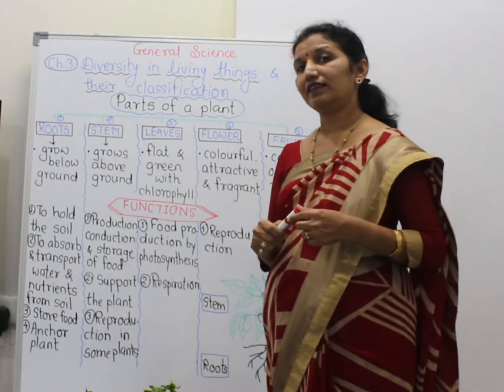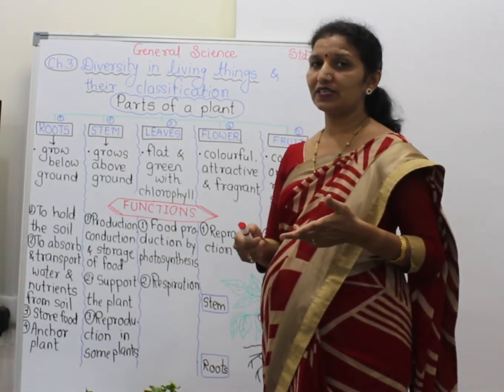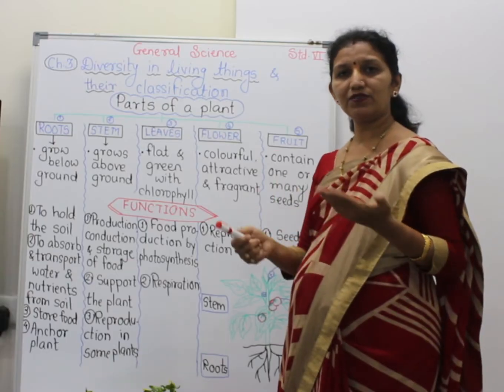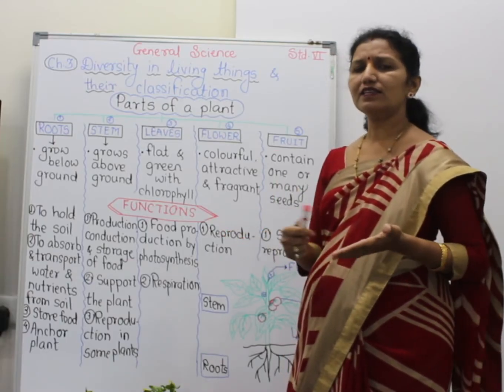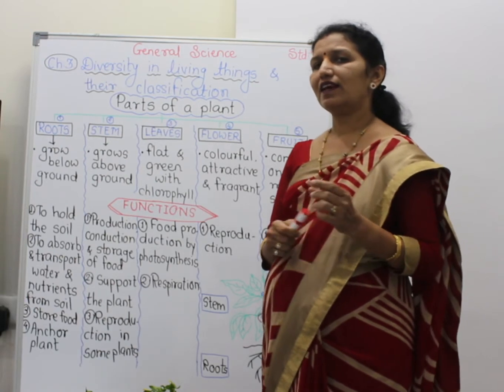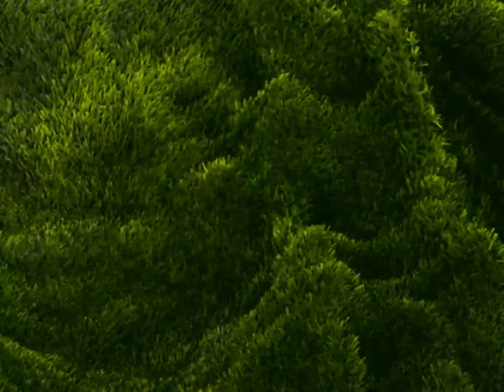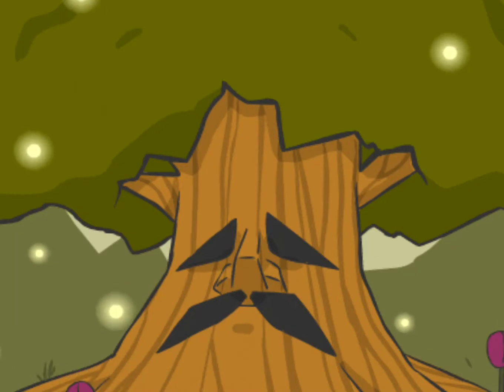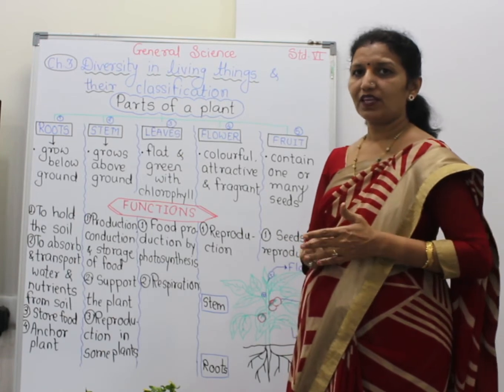Some plants are found in water, they grow underwater, whereas some are floating on water. Some plants are very short like grass, some are very tall like banyan tree, peepal tree, mango tree. In this way there is great diversity.